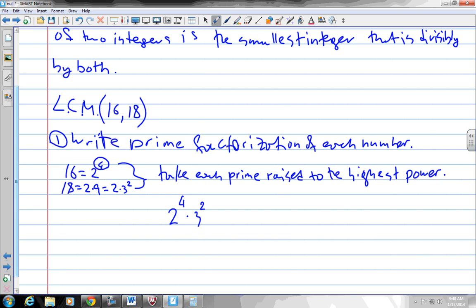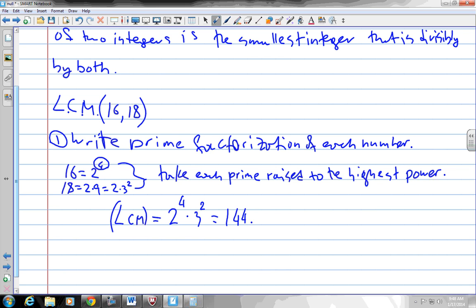Whatever this is, it is the least common multiple of 16 and 18. So that's what? 144? So 144 is the smallest number that's divisible by 16 and 18 at the same time.